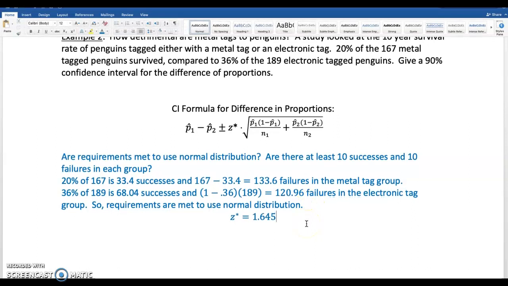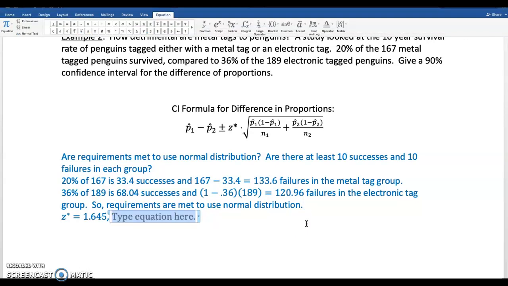All right, so we have this. I'll say p hat M for the metal tags. That's 0.2. And the second sample proportion, I'll say p hat E for the electronic. That is going to be 0.36.